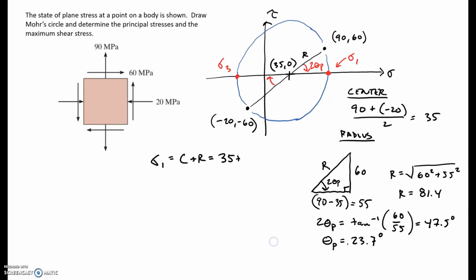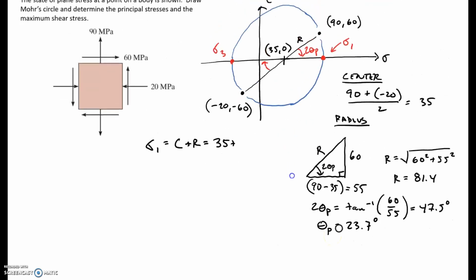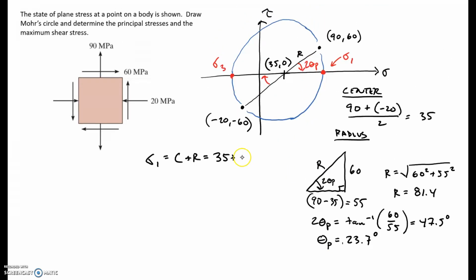Oh boy, that's annoying. That gives us 116.4. Sigma 3 is the center minus the radius, which when you subtract off the 81.4, gives you negative 46.4. And those are in megapascals.